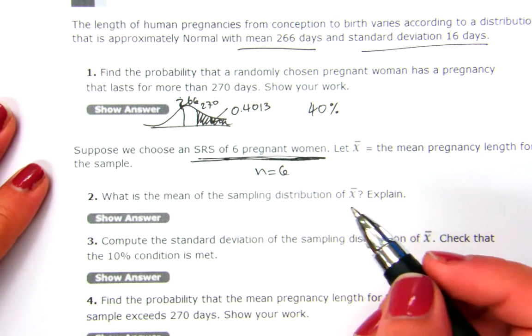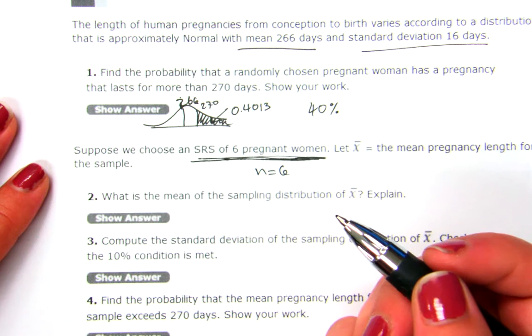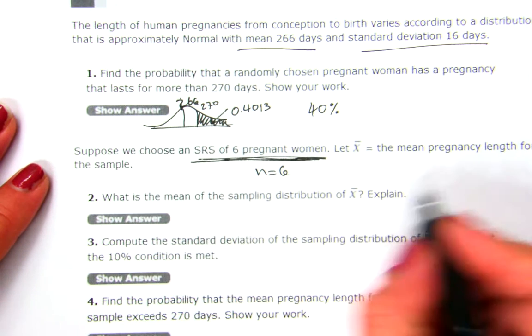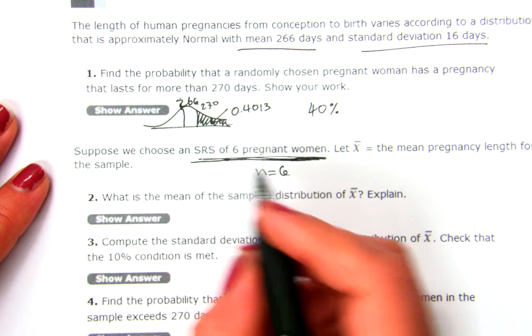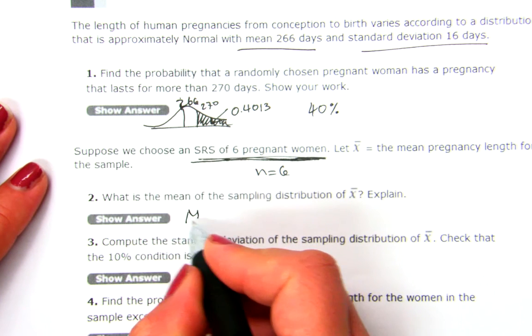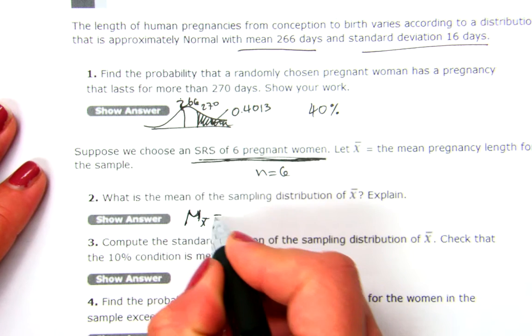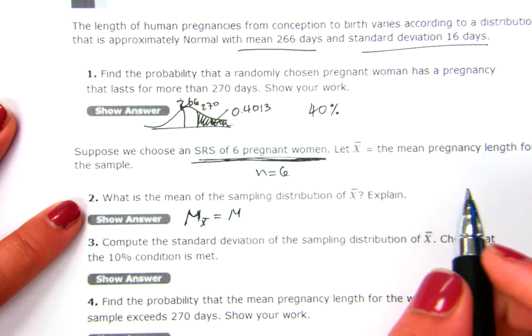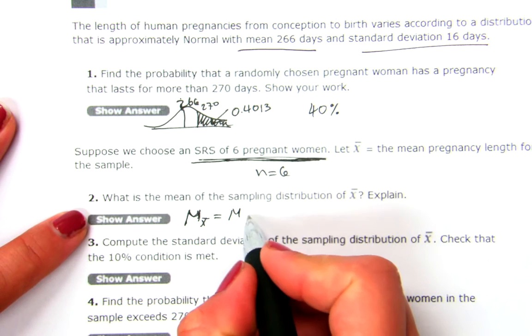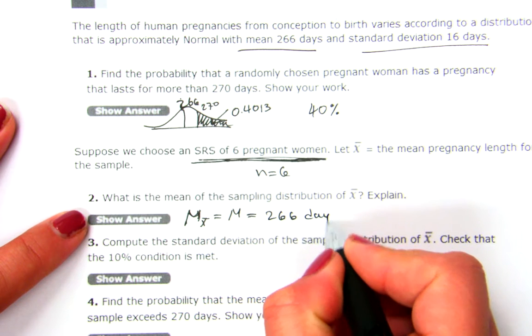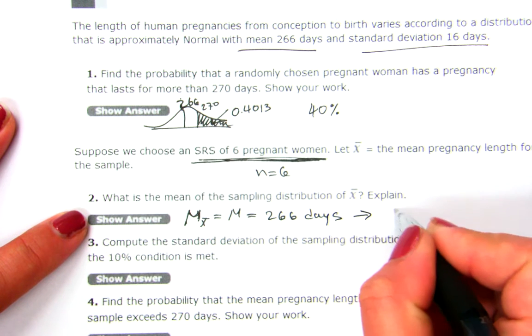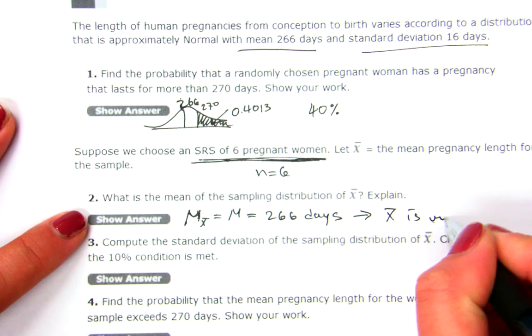We're going to assume that x bar is unbiased at the moment. So that means the mean of x bar is still going to equal the mean of our distribution, which in this case is still 266 days, presuming that x bar is unbiased.